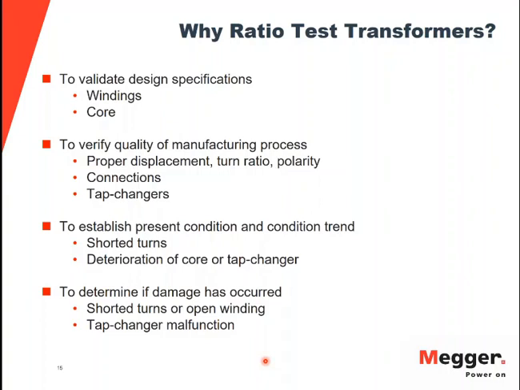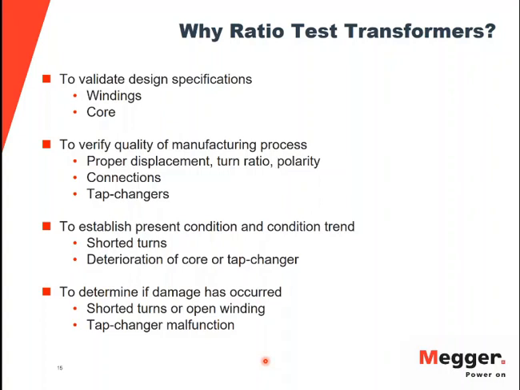You also want to make sure that it was designed accurately, as well as verify the quality of the manufacturing process, which includes making sure that the turns ratio is correct, polarity is correct, and the connections and the leads coming from the main winding to the regulating winding for the tap changers have been done correctly. Those are the things you can verify with the turns ratio test.